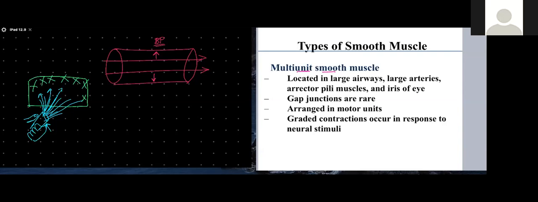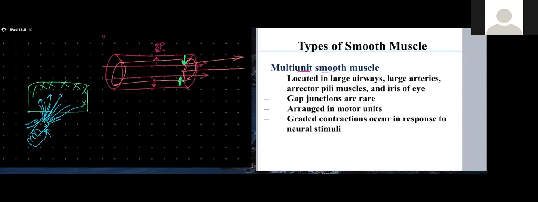So what happens to the diameter as a result? You're going to be reducing its diameter. So when you reduce the diameter, what's going to happen to the flow, either of the water in this example or of the blood? So when I constrict the blood vessel, what's going to happen to the pressure of the blood traveling through the vessel? The pressure will be increased.